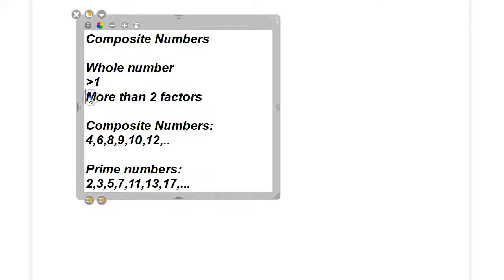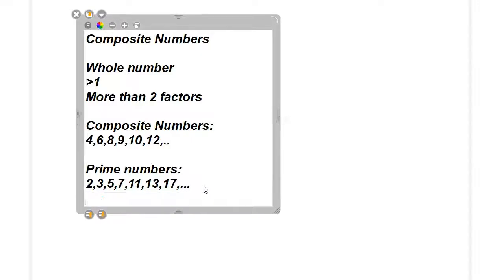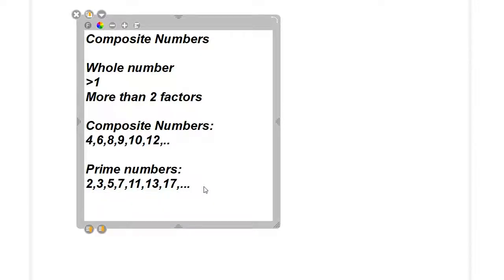So the only difference is that it has more than 2 factors, and prime numbers only have 2 factors, which is 1 and itself. So let's compare one of the prime numbers with one of the composite numbers to show you clearly what the difference is. So okay, I'll just pick 9.